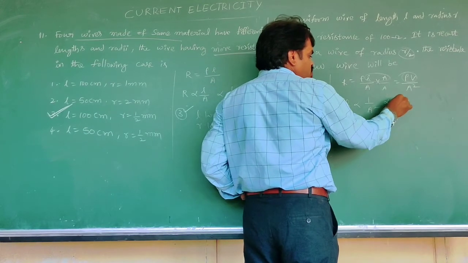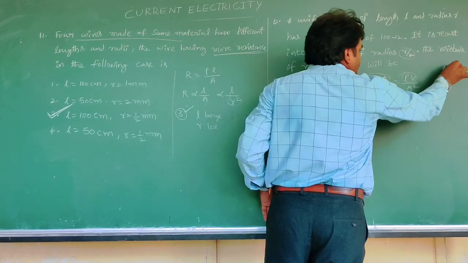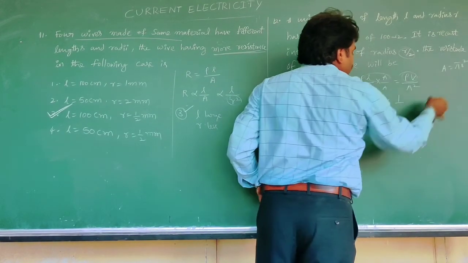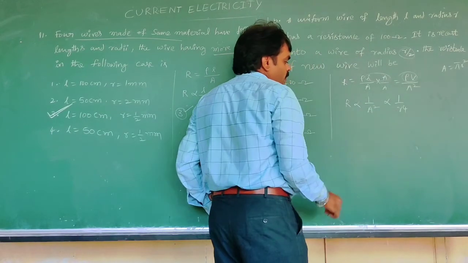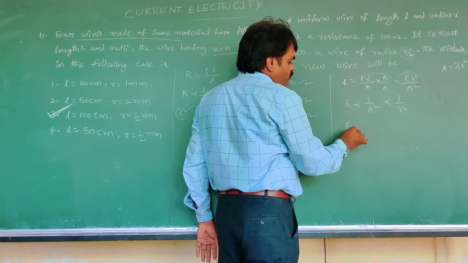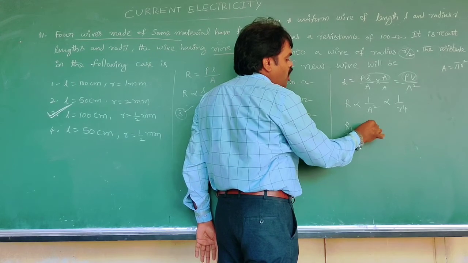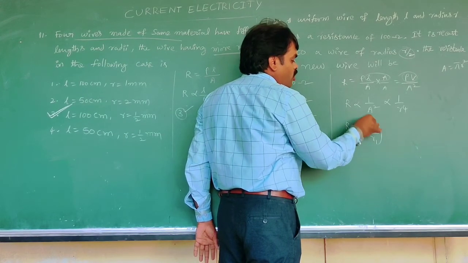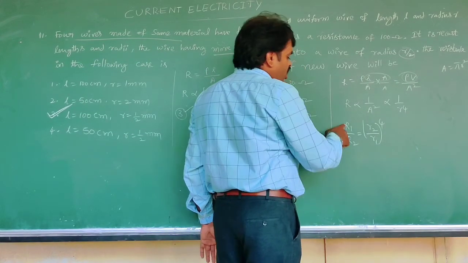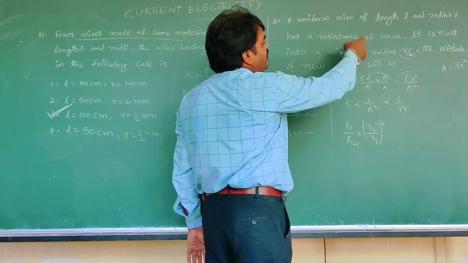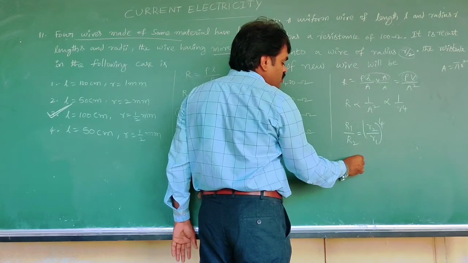That is proportional to A square, and A is pi R square. That's why it is R to the power of 4. Then we write R1 by R2 is equal to (r2 by r1) whole power of 4. Now here R1 is given initially as 100 ohms.